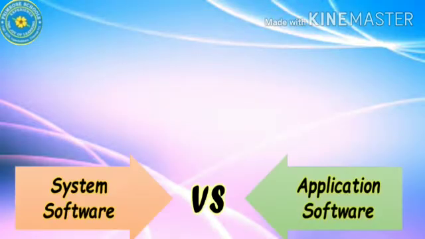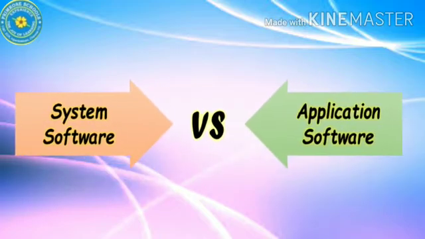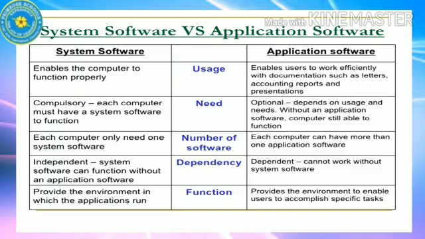Next topic, let us take a look at the difference between system software and application software. So, based on the usage, system software enables the computer to function properly, whereas the application software enables the user to work efficiently with the documentation, letters, accounting reports and other presentations.